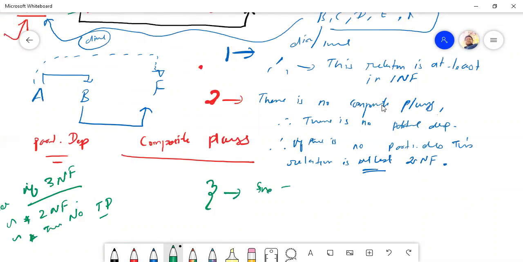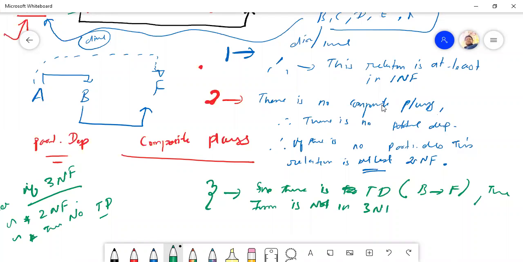Since there is transitive dependency, the relation is not in third normal form.